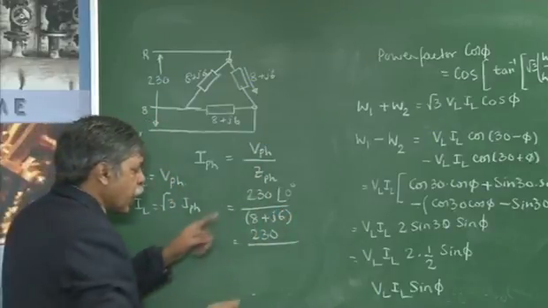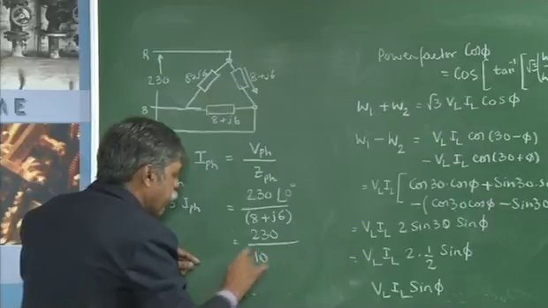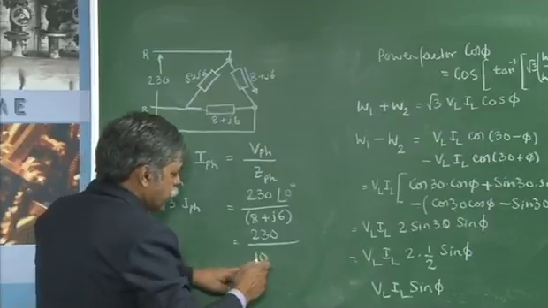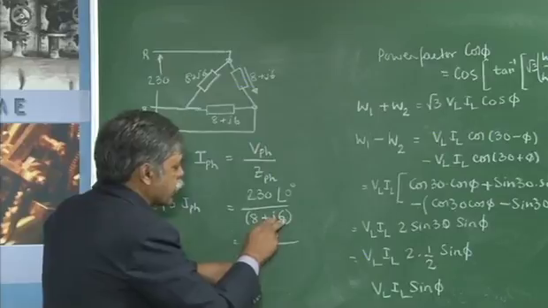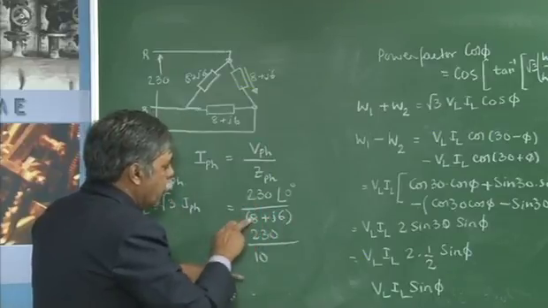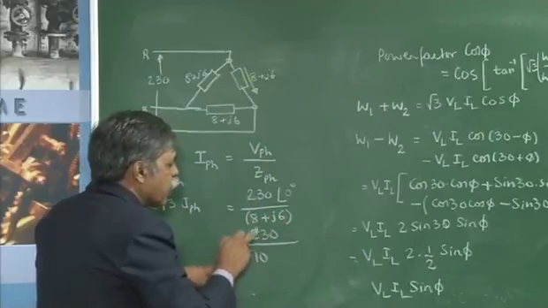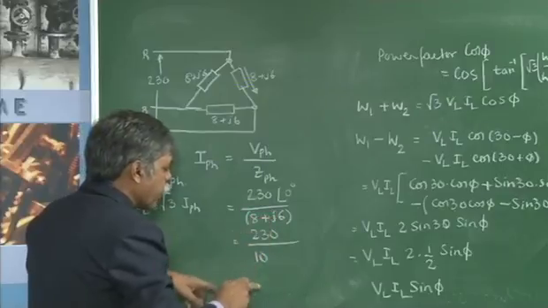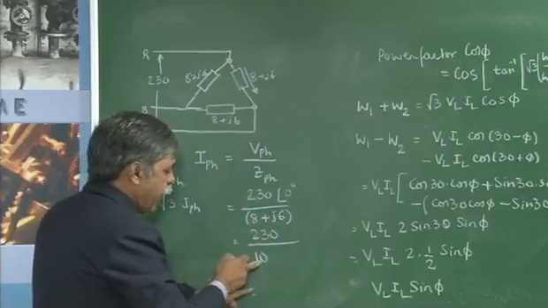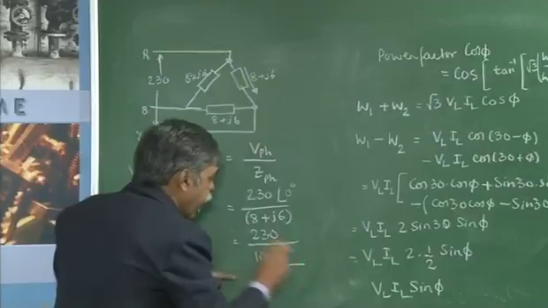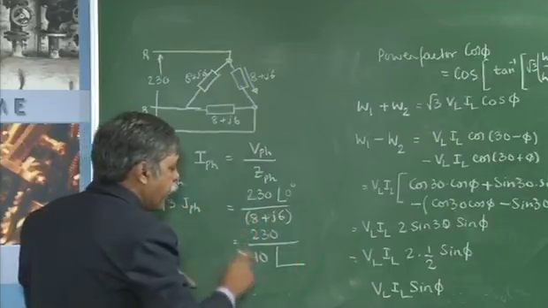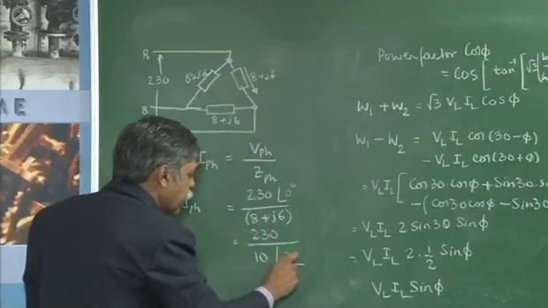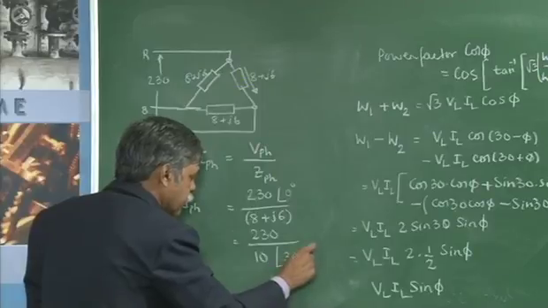When I convert into polar form, the magnitude is the square root of 8 squared plus 6 squared, 64 plus 36, which is the square root of 100, that is 10, at an angle of tan inverse of 6 divided by 8, which is 36.86 degrees.